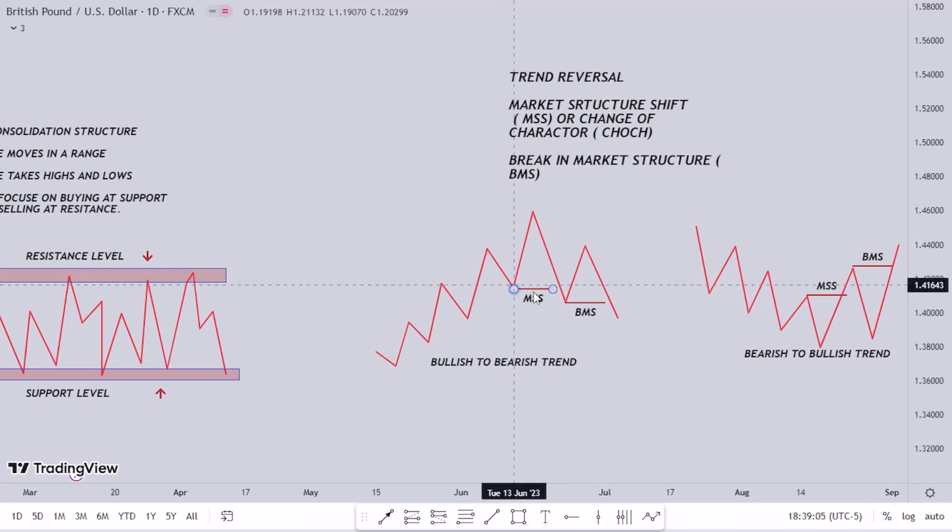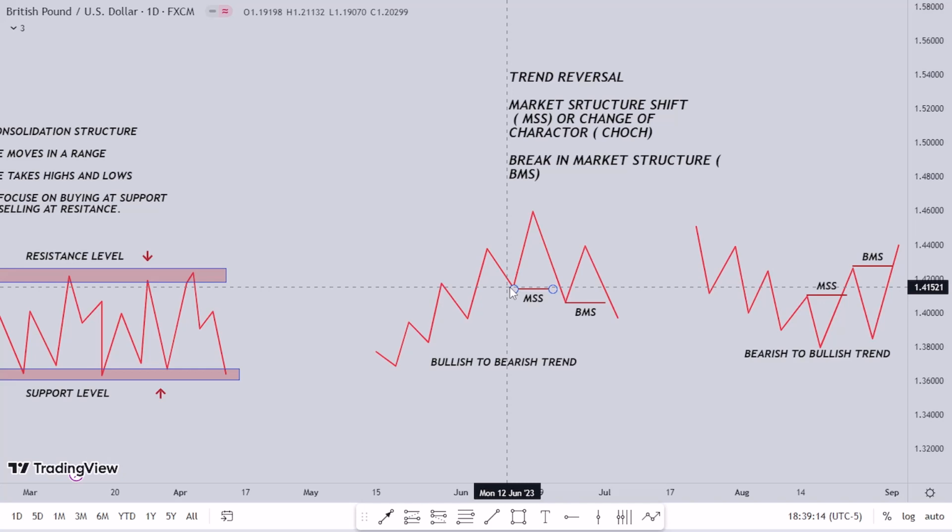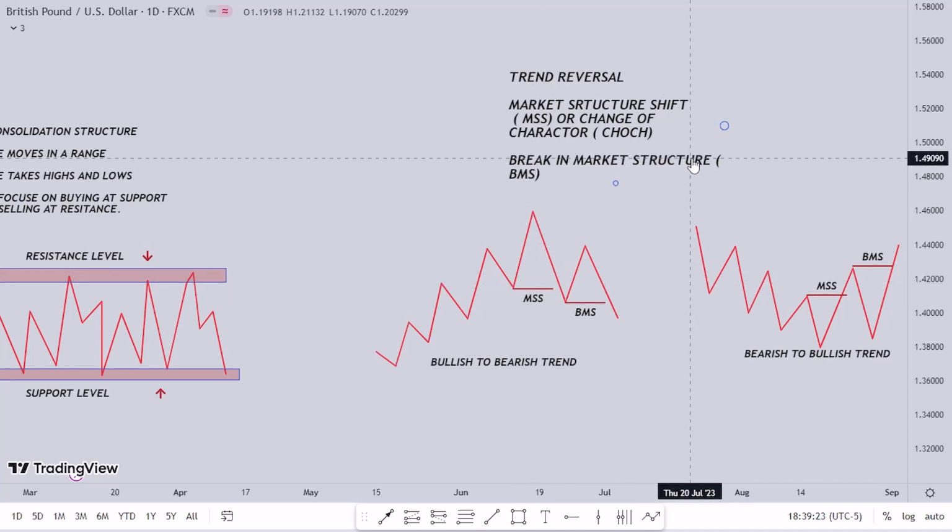So for us to trust that this is a real market structure shift and the bullish trend is over and now we are shifting bearish, it needs to first change character, or first shift market structure, and after that it should be followed by a break in market structure, which is abbreviated as BMS.